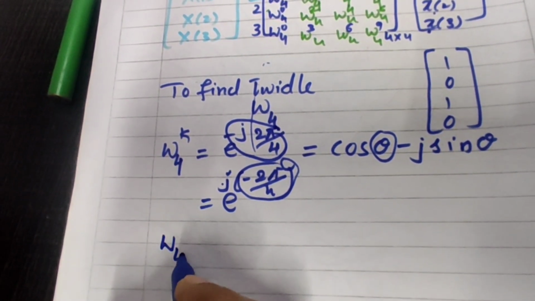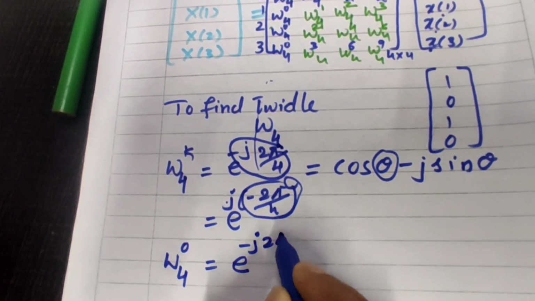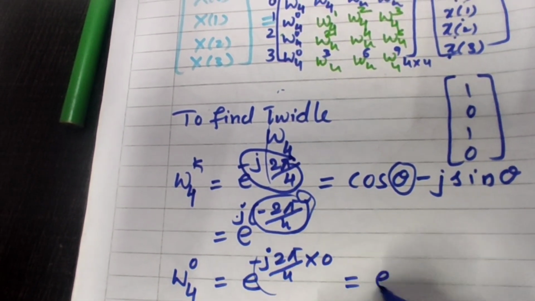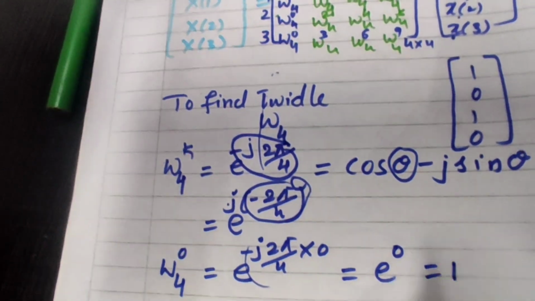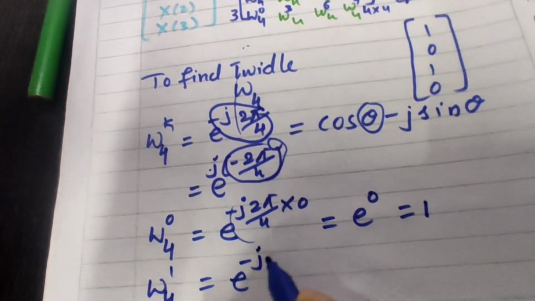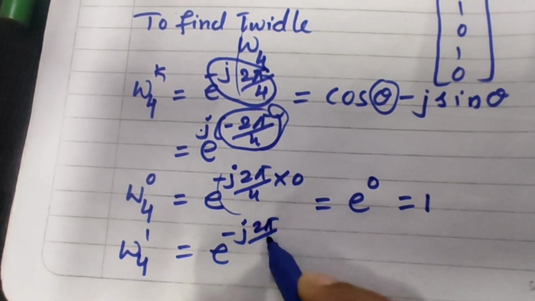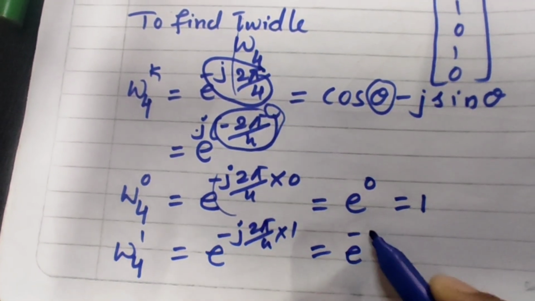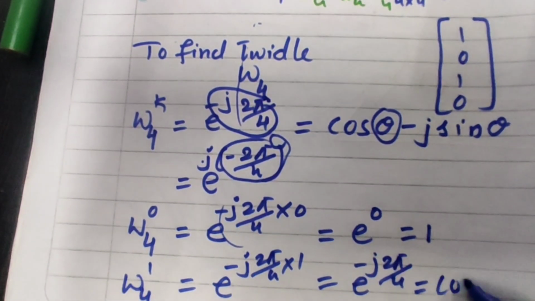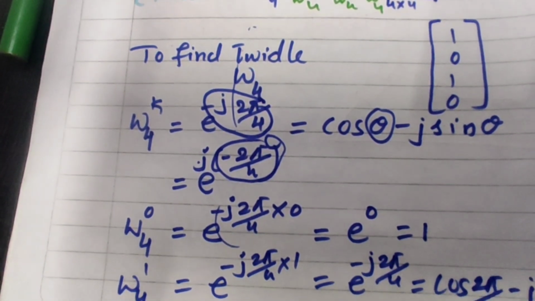Okay, so omega 4 raised to 0 is nothing but e raised to minus j 2 pi by 4 into 0, which is, so 0 into everything means anything will be again 0, which is 1 value. Omega 4 raised to 1 is nothing but e raised to minus j 2 pi by 4, which can be taken as cos theta, which is cos 2 pi by 4 minus j sin 2 pi by 4.